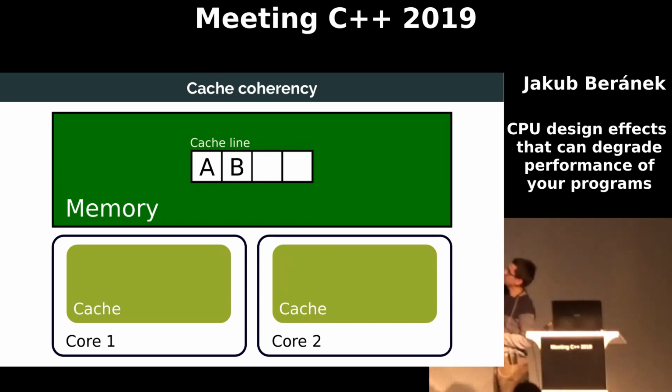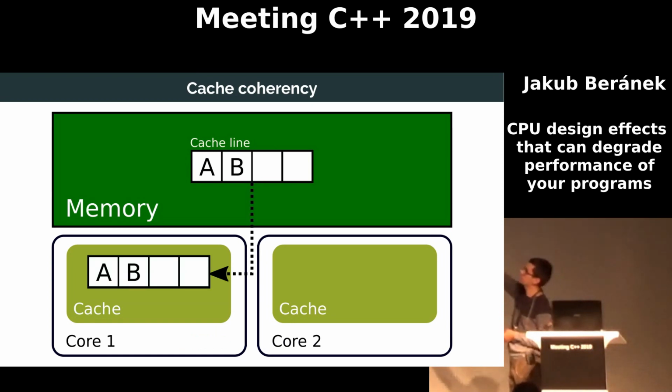This is the memory with the array in it. Those are 2 cores, and each core has a private cache. So when core 1 wants to read the first element, it issues a read request, and the cache line is transferred from memory to the cache of core 1.